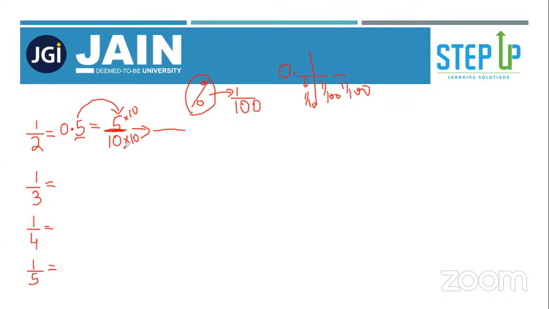You cannot just add a 0 over there. I have the value 1 by 2. I made it 0.5, I made it 5 by 10. Now I want to make the denominator 100. That means it's 50 by 100. Are you clear with that? Now, what is by 100 written as a symbol?